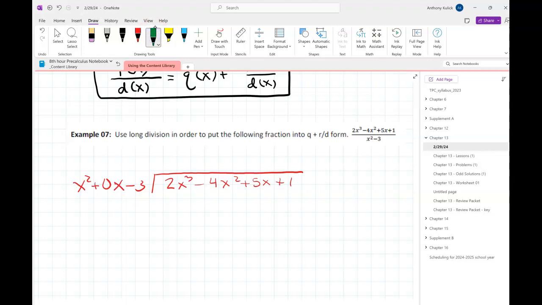All right. Now that I've done this, I'm going to ask myself the question, what times x squared gives me 2x cubed? 2x. So I'm going to write my 2x, and then I'm going to multiply it by the entire divisor and write that below.